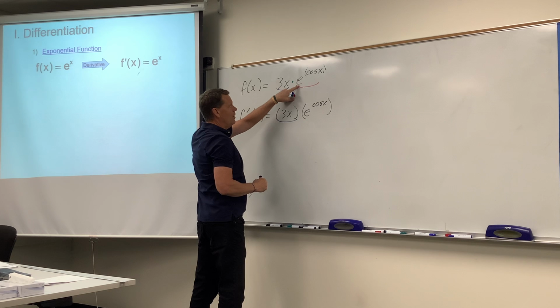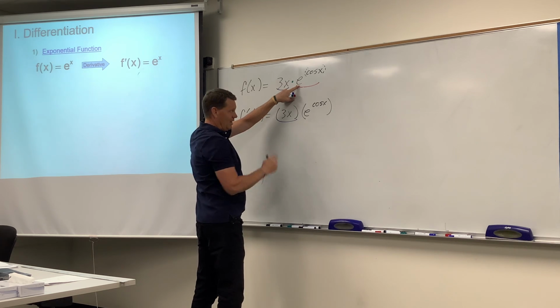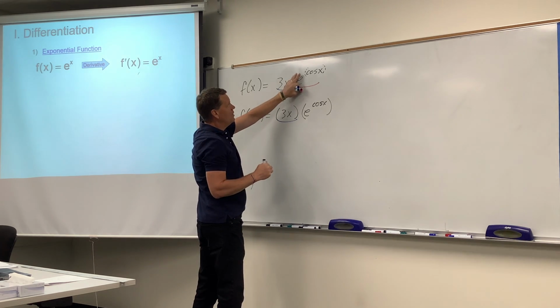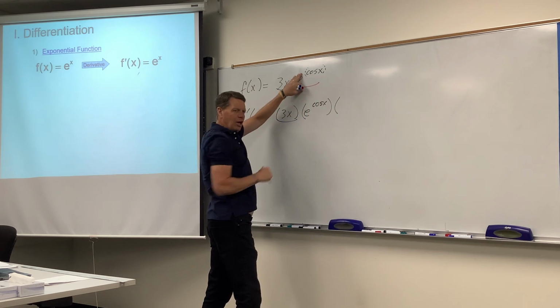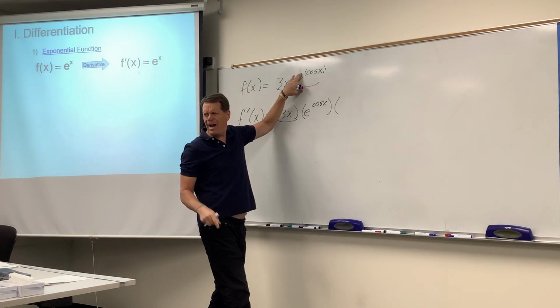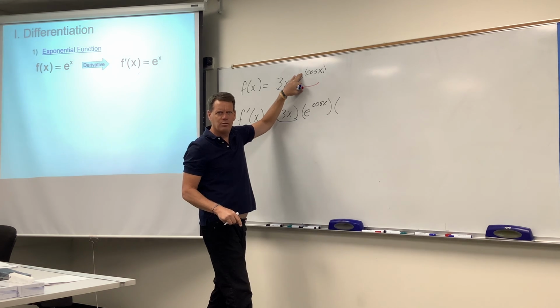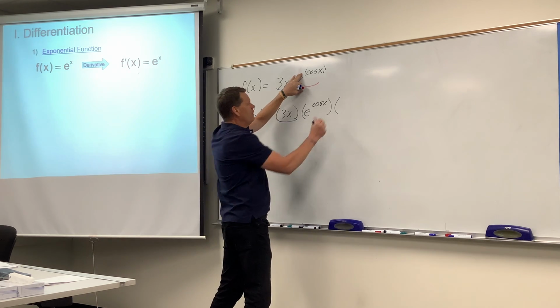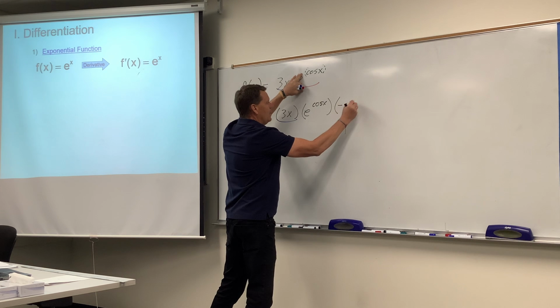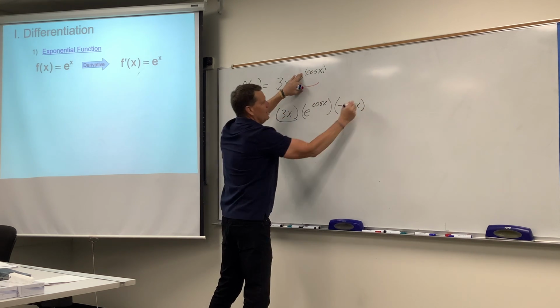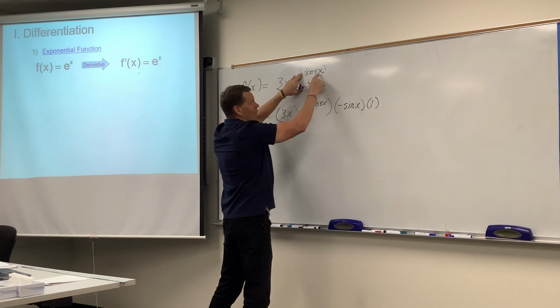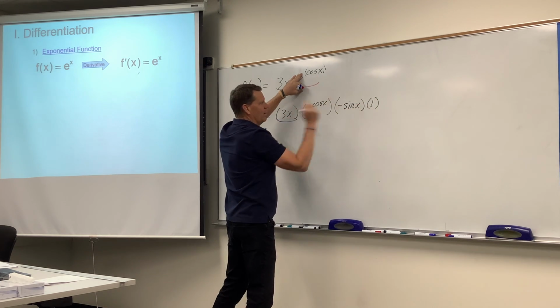Then, because that's the outside operator, you take the derivative of the internal one. So what's the derivative of cosine? The derivative of cosine is negative sine x, and then to take it to its full extent, the derivative of x would be 1. Keep in mind, if that was a 5x, there'd be a 5 on the end.